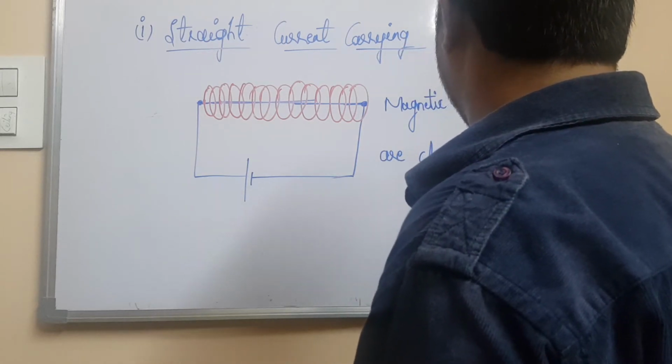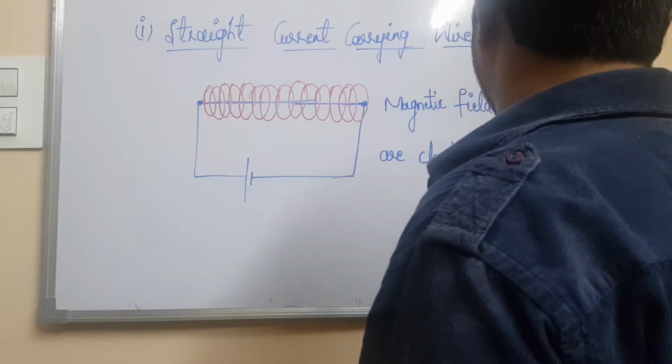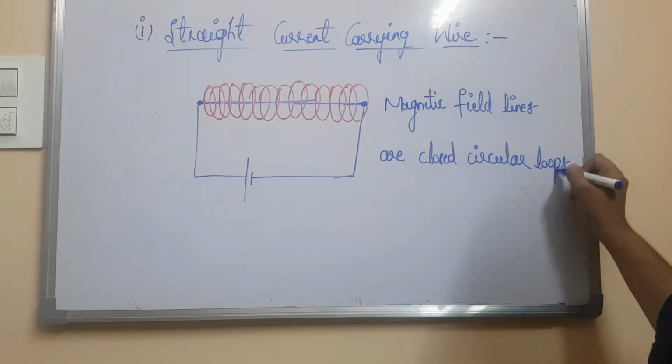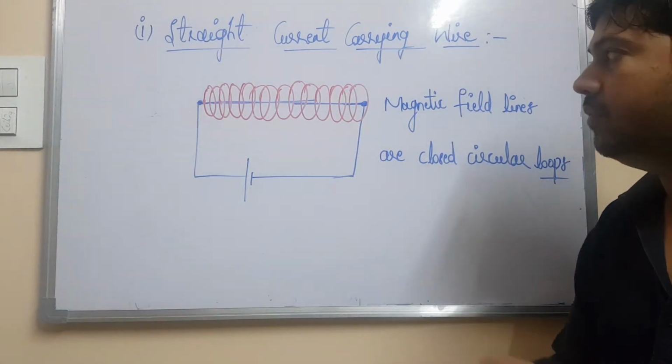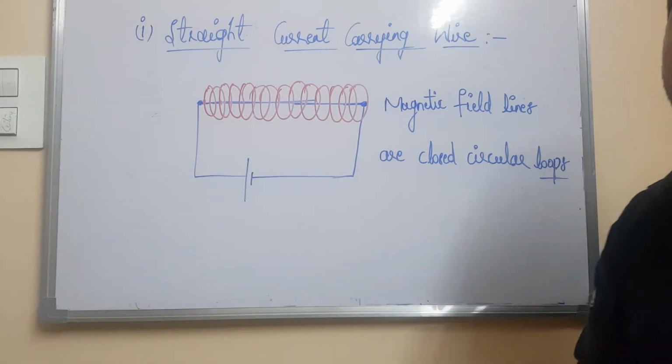Magnetic field lines are closed circular loops. It means they will be around the wire in the form of circular rings.